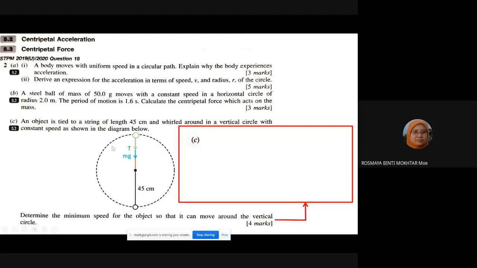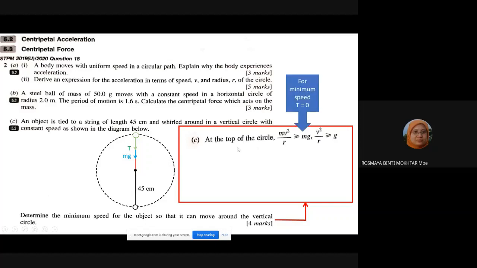Now these two forces are along the line joining the object and the center. In other words, T and mg provide the centripetal force.